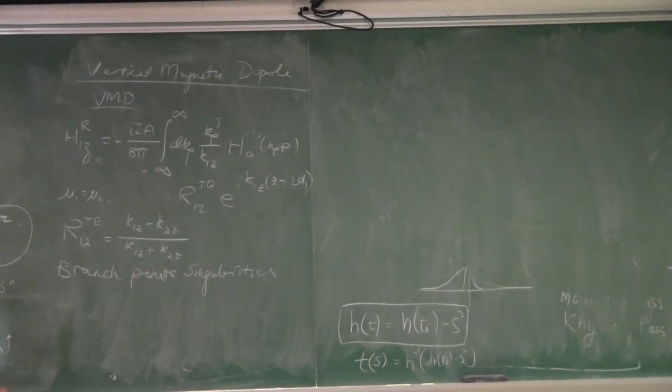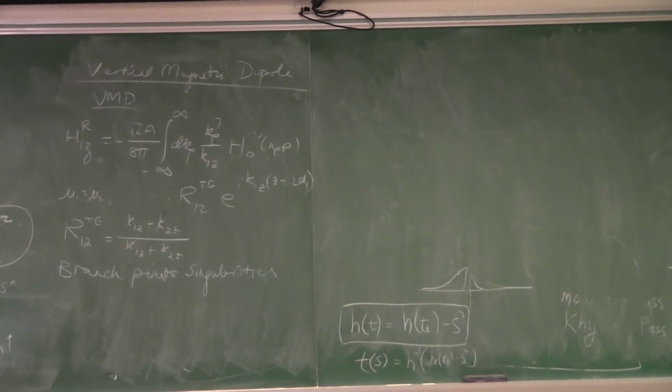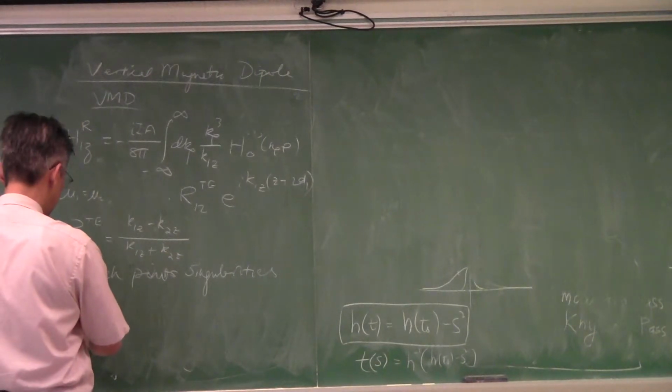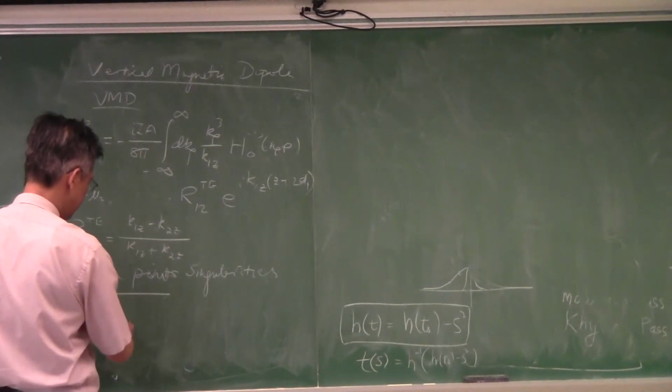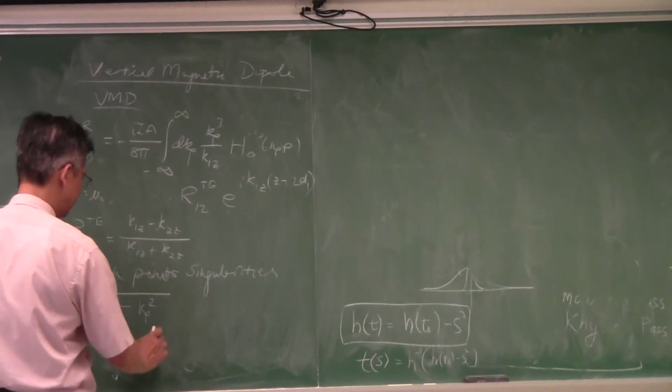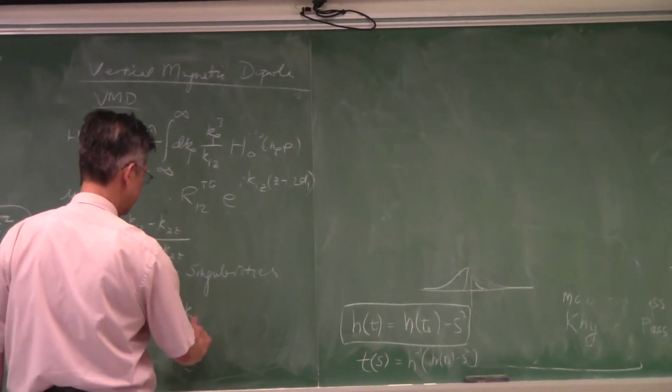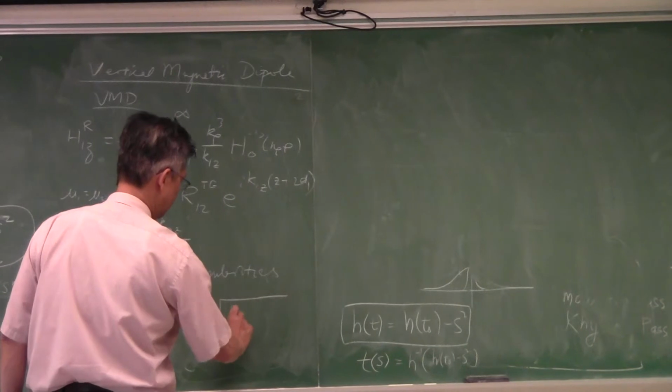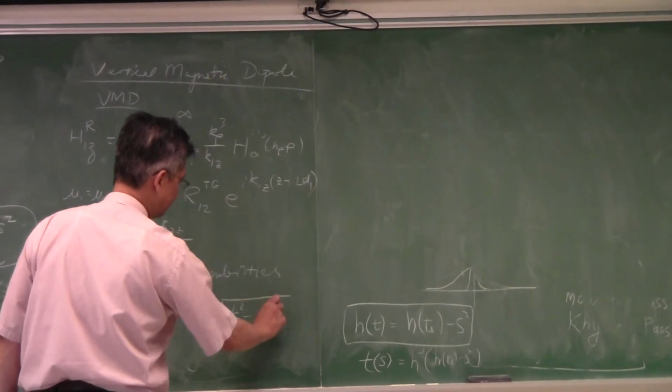Where are the branch point singularities for this integral, or this integrand? Remember that k1z is equal to the square root of k1 squared minus k rho squared. k2z is equal to the square root of k2 squared minus k rho squared.